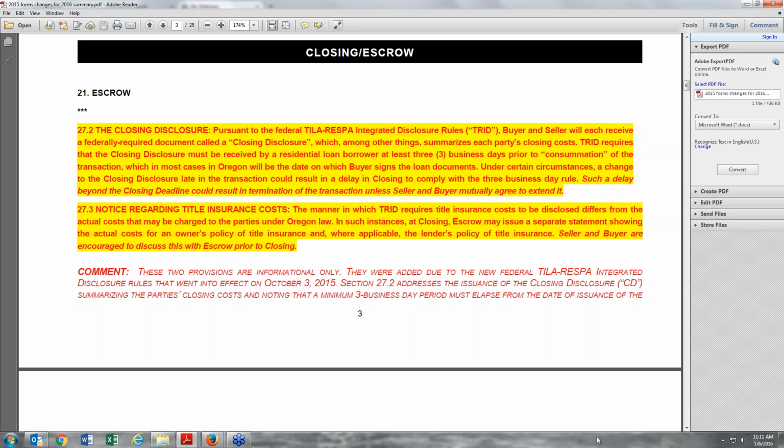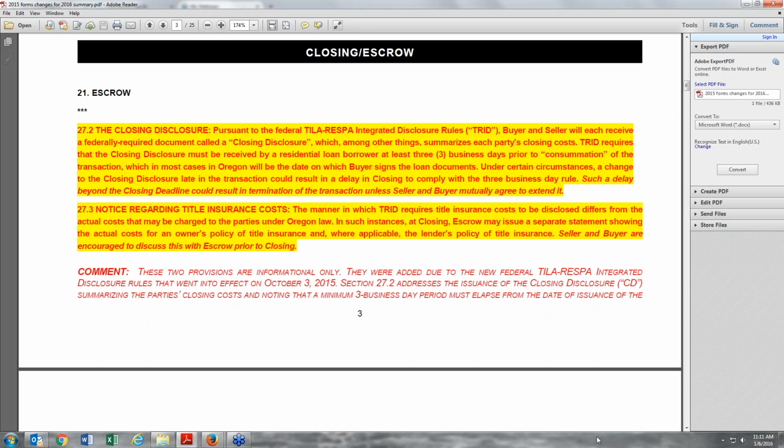And then 27.3, notice regarding title insurance costs, is another issue with what I regard as a disconnect created by TRID. You can talk to your own title company and escrow officer about this because it's beyond my skill set. But what this notice 27.3 is essentially saying is that TRID requires a disclosure of the title insurance different than the way we do it here in Oregon.